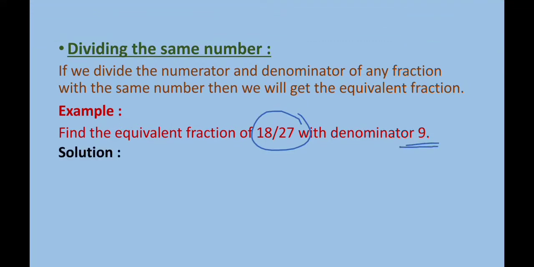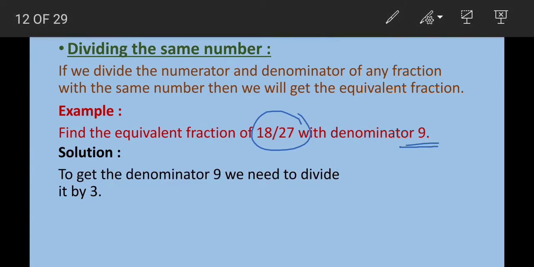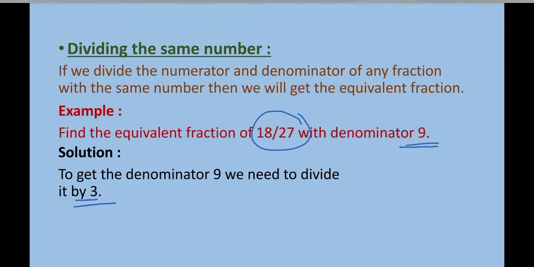Come to the solution. To get the denominator 9 from 27, we have to divide by 3, as 9 times 3 is 27.